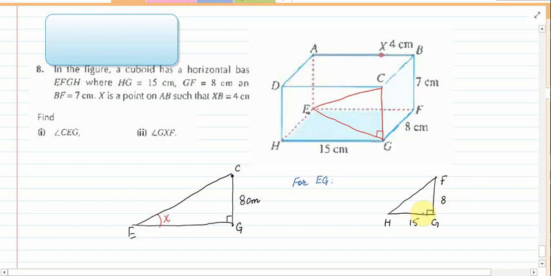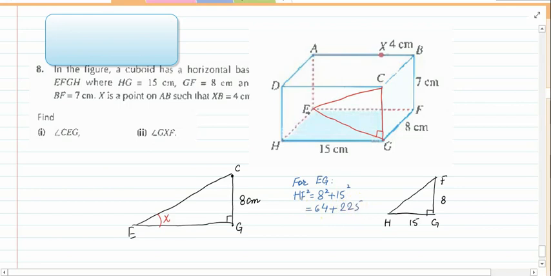For EG it will be the same, right? If you consider the triangle EHG, this side is 8 and this side is 15, so it will be the same. Either I find HF or I find EG, both diagonals are the same. So using Pythagoras, HF squared is equal to 8 squared plus 15 squared. 8 squared is 64, 15 squared is 225.